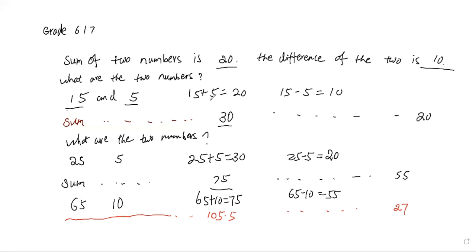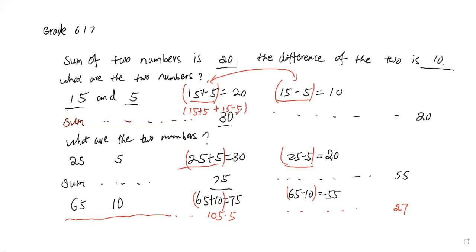So you notice, if you look at the left hand side, you basically have the sum and the difference. If you do this, 15 plus 5 plus 15 minus 5, so you add the left hand sides together, what do you have here?